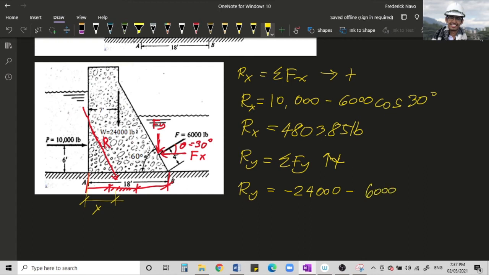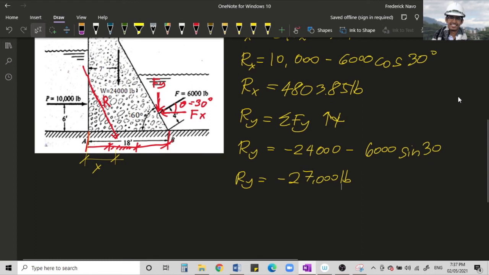So for the Fy, we will use sine, sine 30 degrees. Sine, because the side Fy is opposite the angle. Tama? So, Ry will give us a negative 27,000 pounds. Okay.